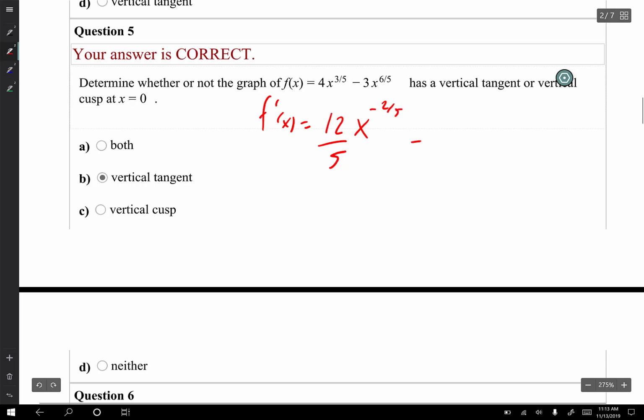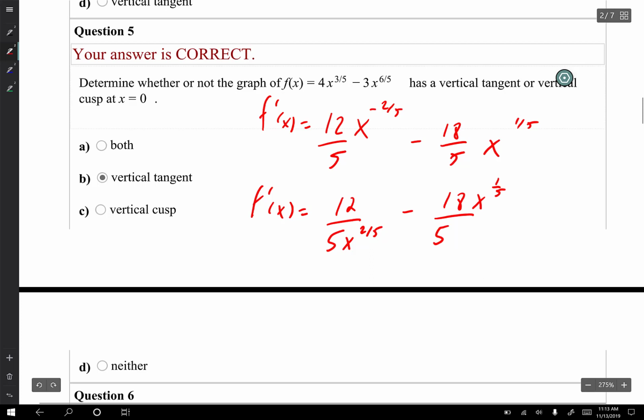Minus, let's see, 3 times 6 is 18, so 18 over 5 x to the positive 1/5. Let me rewrite this: 12 over 5x to the 2/5 minus 18 over 5 x to the 1/5.